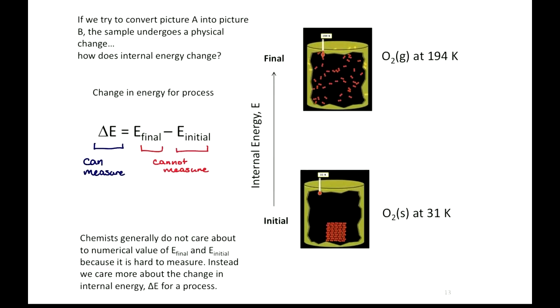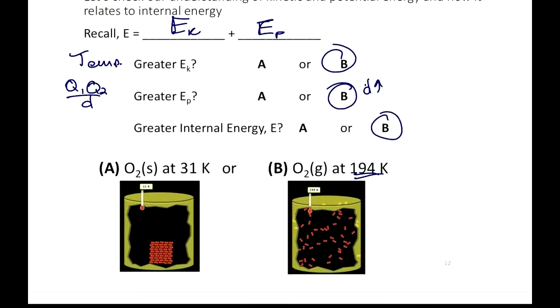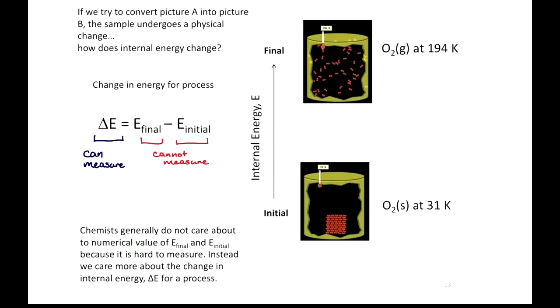So we looked at the internal energy of these samples, these pictures, individually. The problem is that it's very hard to actually measure the internal energy of a sample at a certain condition. See how we didn't actually calculate internal energy at all? We just thought about magnitudes.